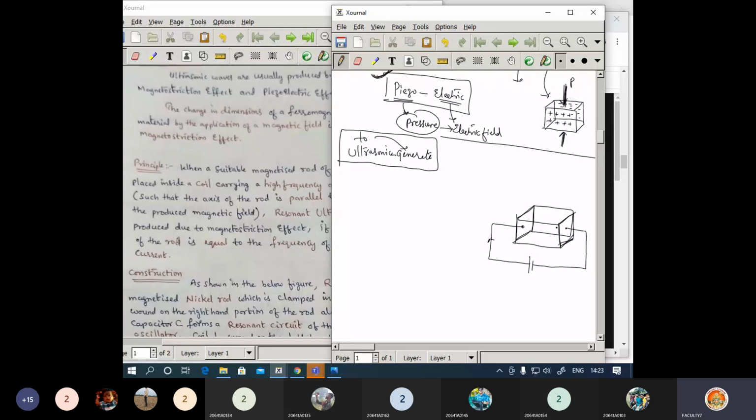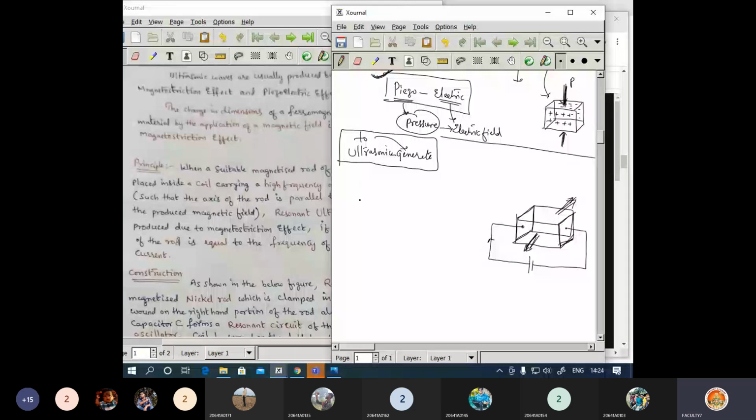Now you are going to experience the crystal vibrating in this direction, front face and back face. It is going to experience vibrations, nothing but the stress and strain concept, due to the application of the electric field. So how can you explain the inverse process? By applying the electric field, this crystal is going to vibrate.